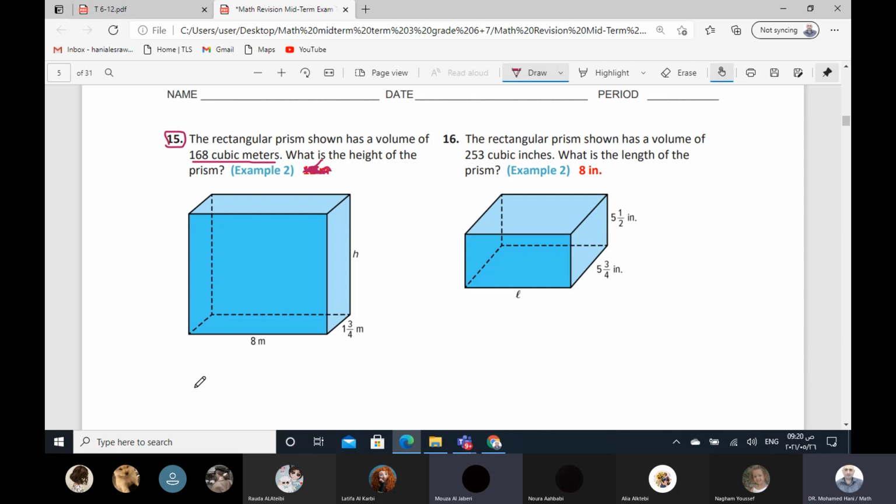Mister, my answer is 12. Thank you, Moza. Shamsa, what is your answer? Okay, thank you, Shamsa. Who has a different answer? Latifa, Hajar, Noura, Rawda, what is your answer?